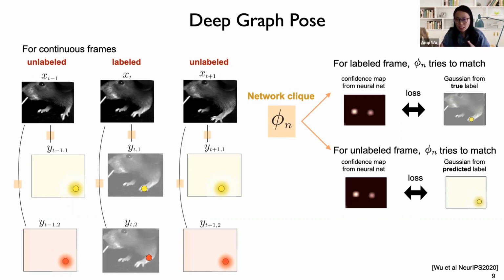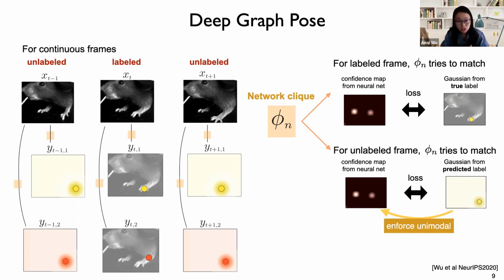So people may ask, there seems to be no additional information contained in this Gaussian, since the Gaussian bump would be located at the same position as the peak of the confidence map. However, by imposing the similarity between these 2 parts, we explicitly add a unimodal constraint onto the confidence map for all unlabeled frames.